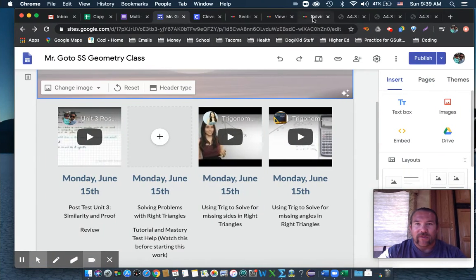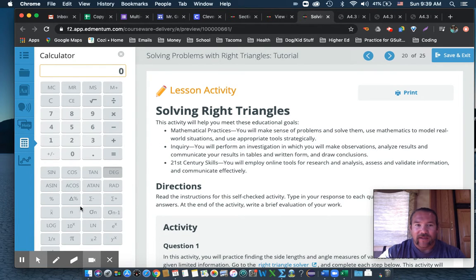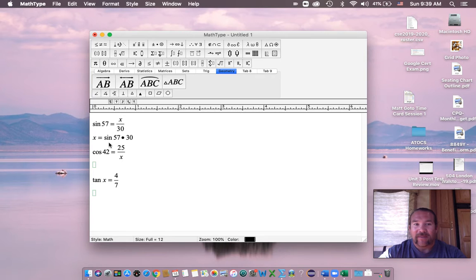Now, when you go to your calculator, all right, the way that you input this matters. So you always want to put in the number that doesn't have the trig function attached to it first. So 30. So remember, it's 30 times sine 57. So the 30, I'm putting that first because it doesn't have the trig function attached to it.